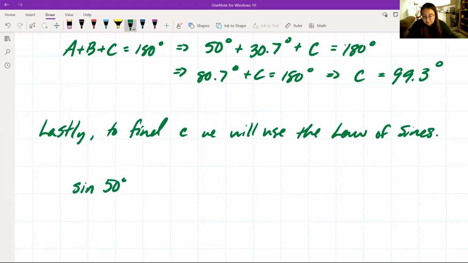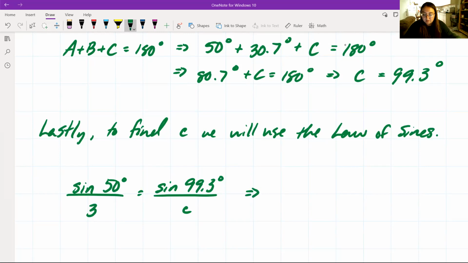So we get sine of 50 degrees divided by 3 is equal to sine of 99.3 degrees divided by lowercase c. Now we don't normally want to use decimals in this way since it can lead to an incorrect answer, but since we found the angle measurement of C and it just so happened to be a decimal, this is the only way that we're going to find our length of c. So we're going to use it this way.